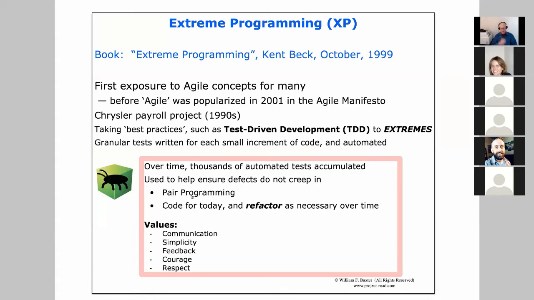Another practice was pair programming, which might seem inefficient, but the idea is you'd actually have two people sitting down together in front of one monitor and one keyboard, and one person would be doing the programming, and the other person would be looking over their shoulder, and they'd be talking it through together. So two heads, two pairs of eyes, talking it through as they do the coding, and then maybe they would switch roles every once in a while, and the primary would become the observer, and the observer would become the primary programmer.